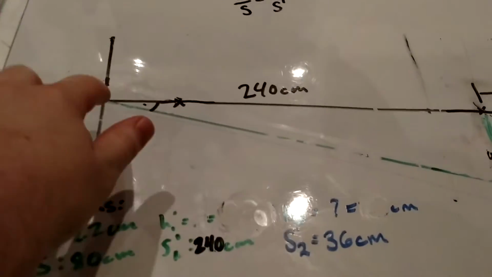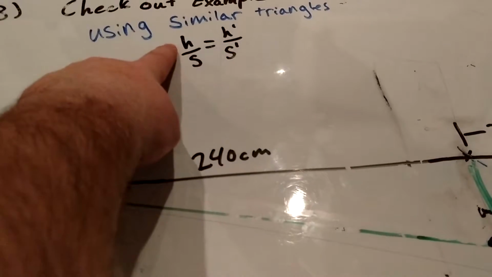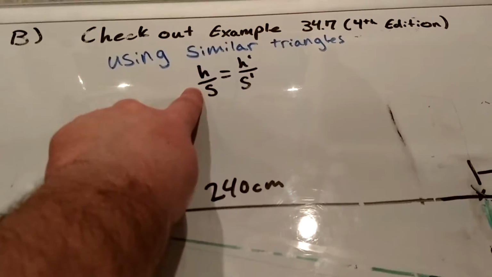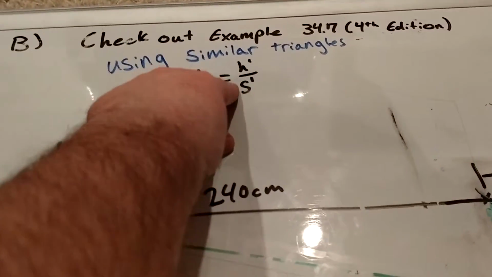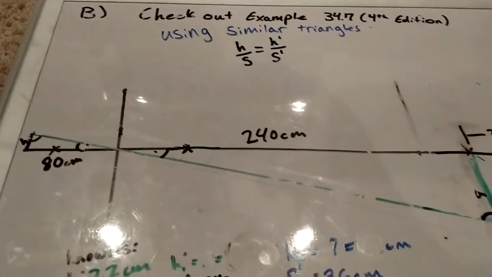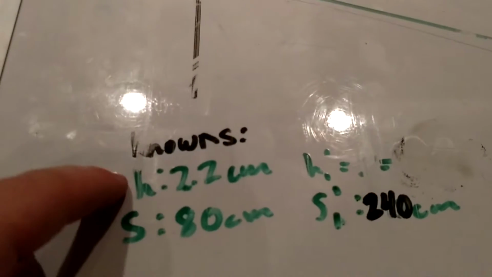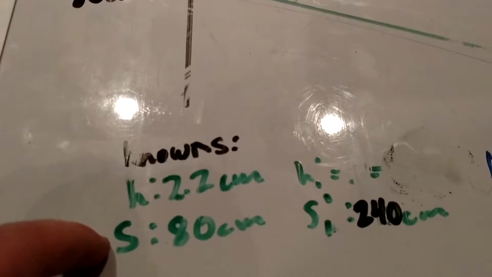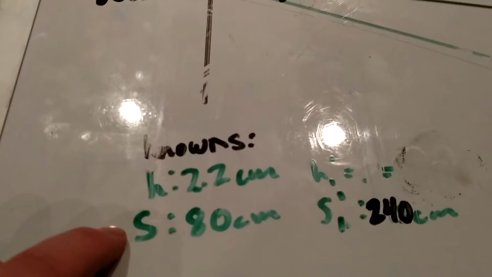So, that being true, then we can have the object's height over the object's distance equals the image's height over the image's distance, being that they're similar triangles. So, let's go back to our knowns. We know that our height is 2.2 centimeters for our object, and the distance from the lens is 80 centimeters.